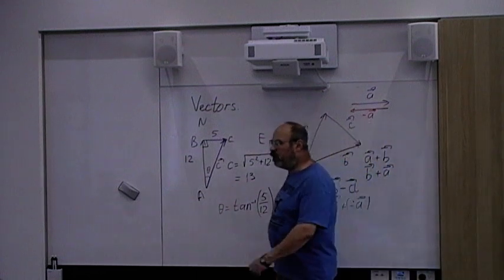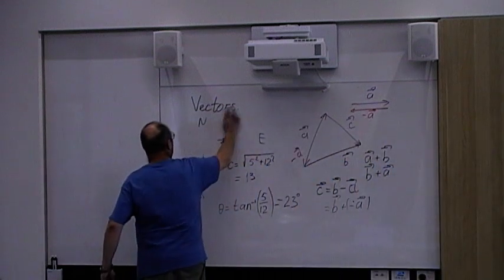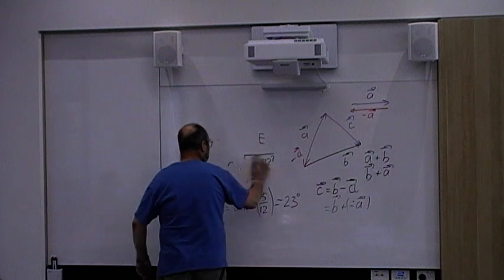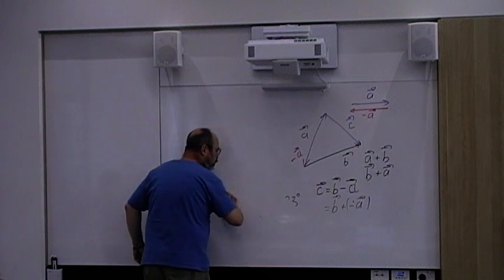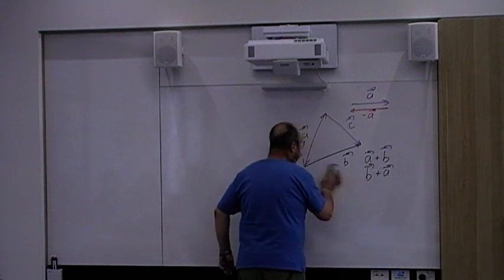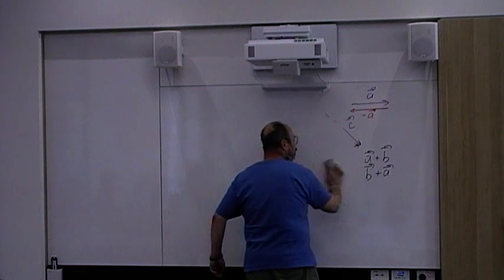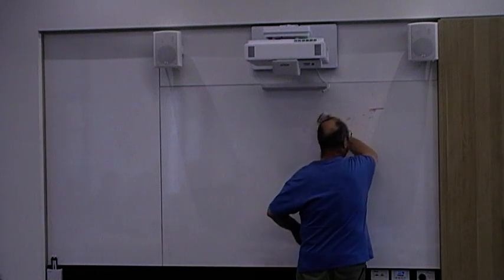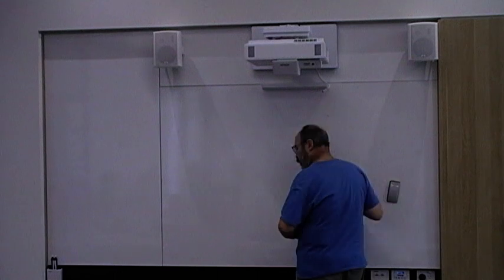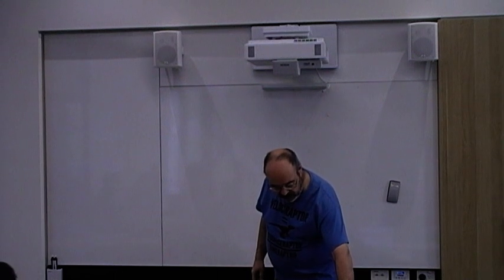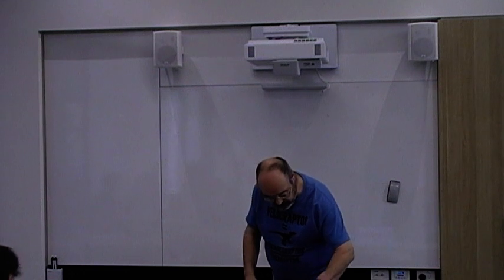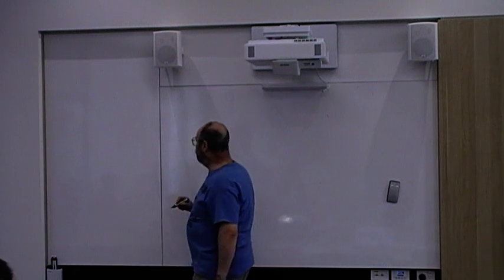Let's consider now the next example. In physics, we predominantly don't add vectors like this. We're using resolution of the vector. Let's learn what is the resolution of the vector in the x.